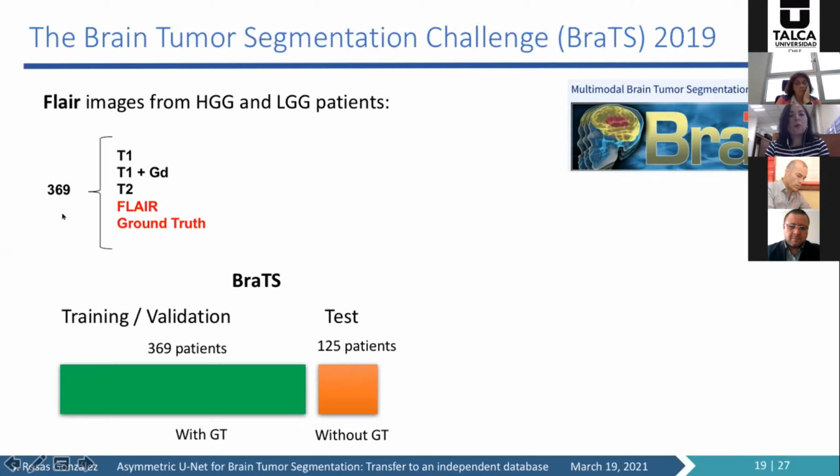But for this work, we are only using 369 patients and only FLAIR and the ground truth segmentation for training and validating our model. And then we are using 125 patients that do not have the ground truth, and we evaluate the performance of our model on the online platform of the BraTS organizers. That is evaluated in terms of Dice coefficient.